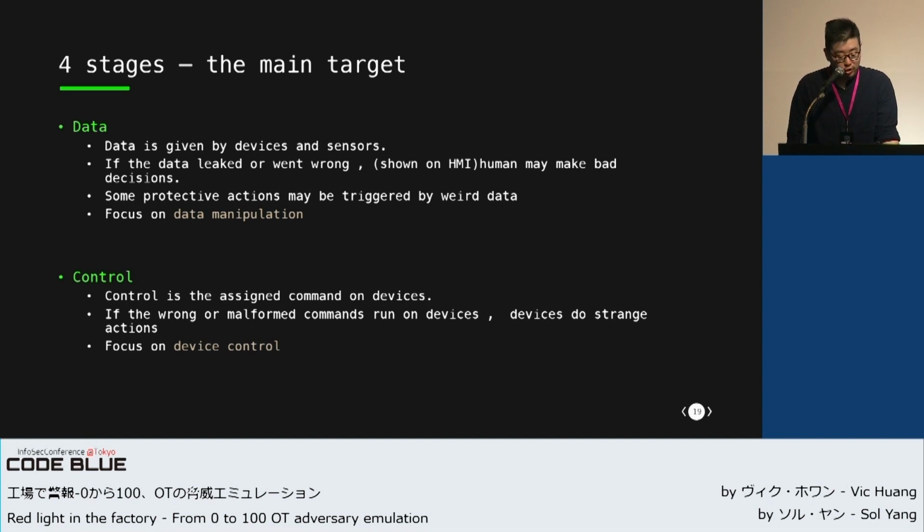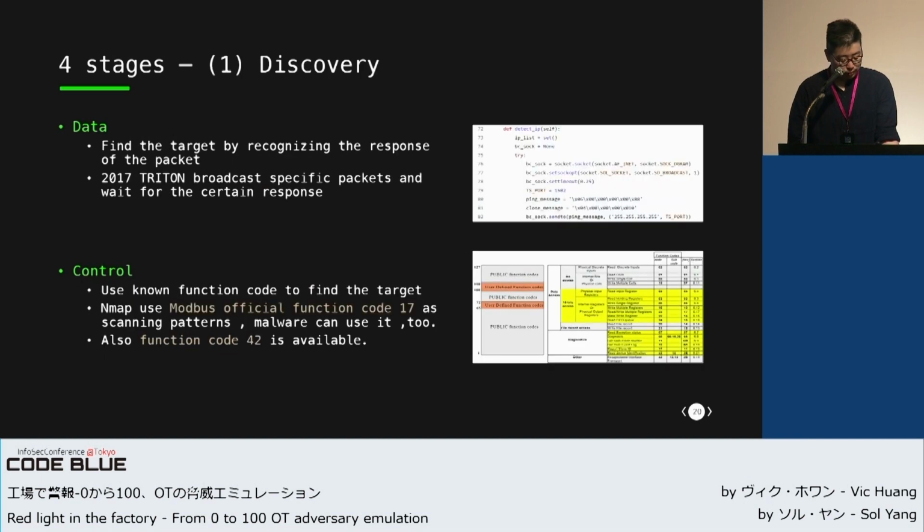And for control targeting, you can try to send malformed commands or resend commands to ruin the devices and to make the devices do strange actions. And then we start from the first stage. First we want to discover specific targets.